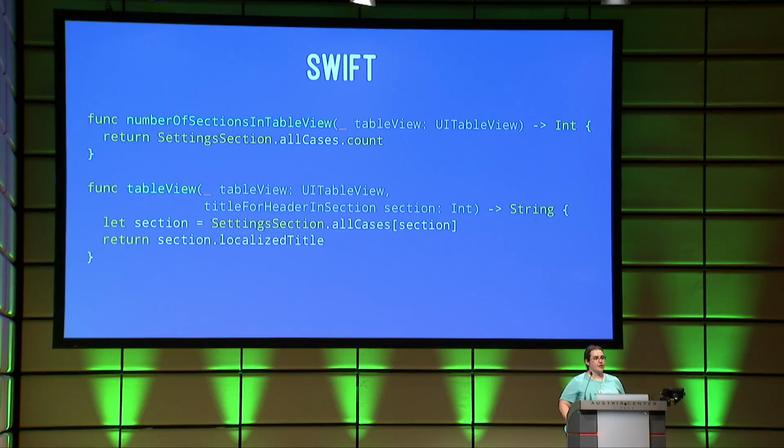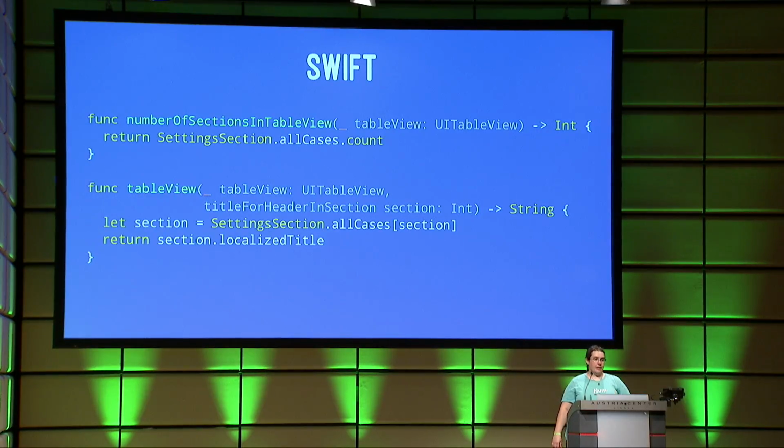Well, I'll do settings section.allcases.count. And that way, if you add or remove a section, you don't actually have to change the number of sections in your table view. You also don't have to change how you access the title, because if you're accessing information about a particular section, all you have to do is just get the reference to the section, and everything will still work completely as you want it to.